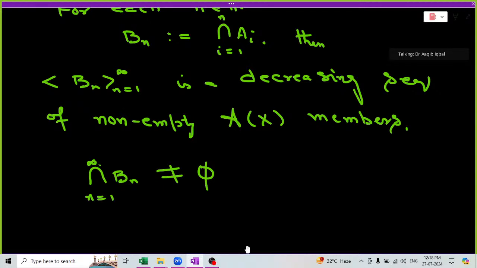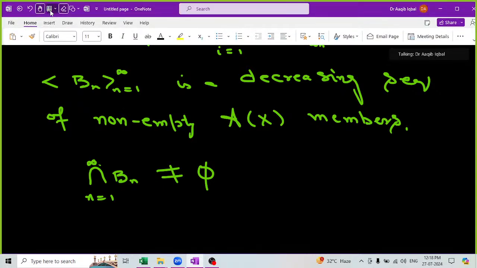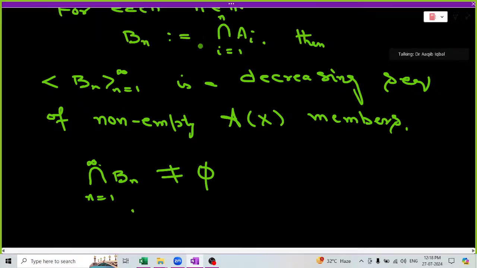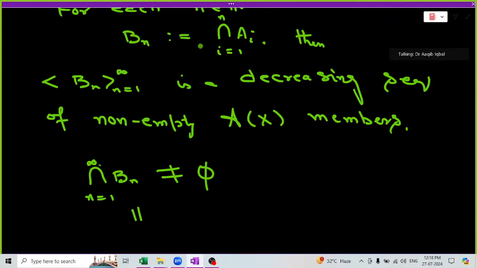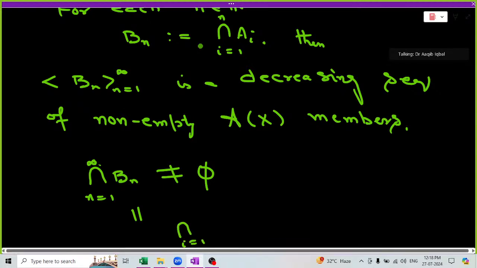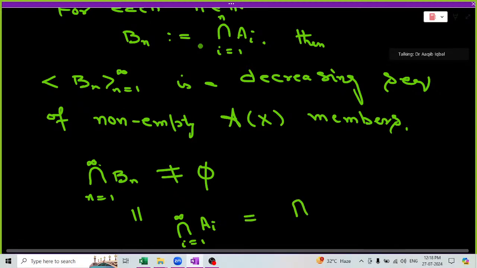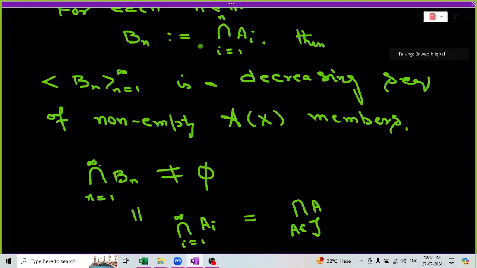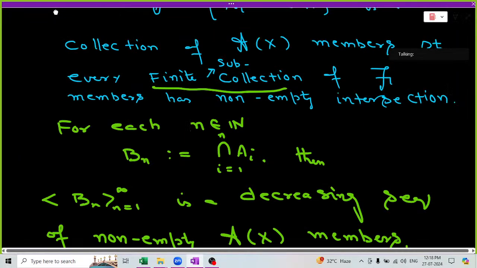But what is intersection of these Bn's? Well, this is actually intersection of all the fancy F members. This is actually intersection i runs from 1 to infinity A sub i, जिसको ऐसे भी लिखा जा सकता है, intersection A varies over fancy F. ठीक है ना?